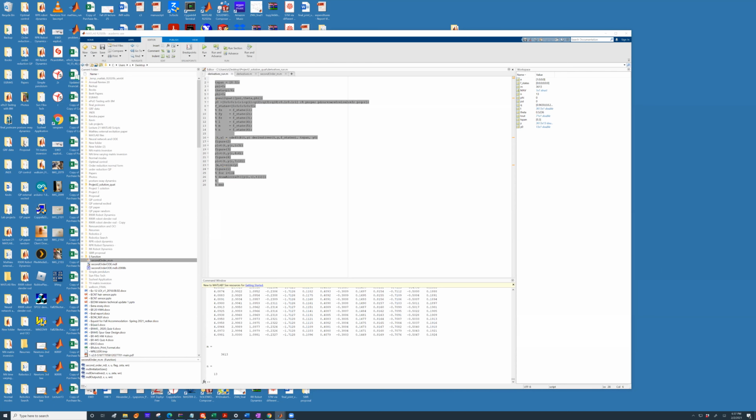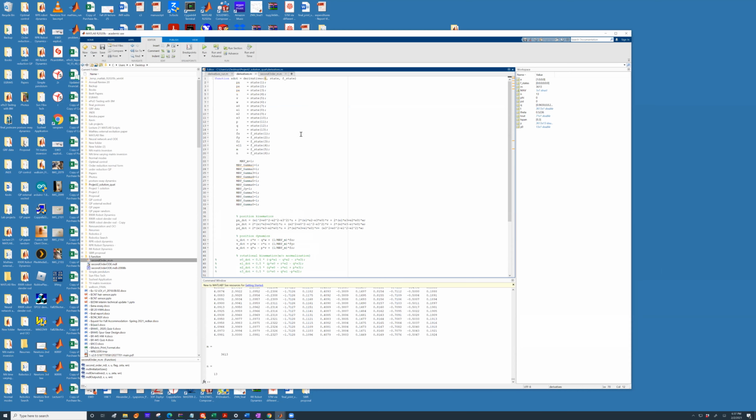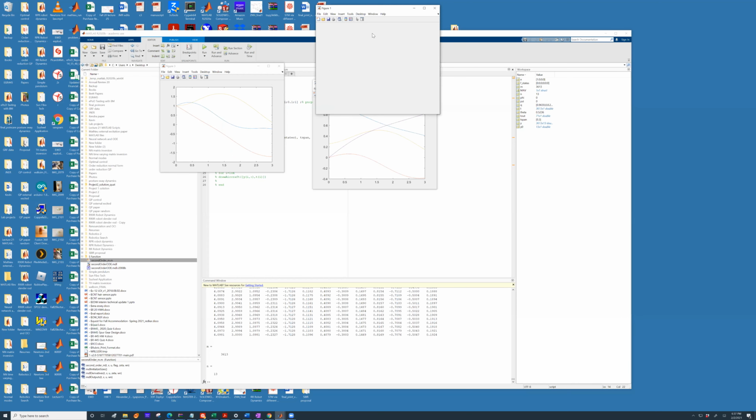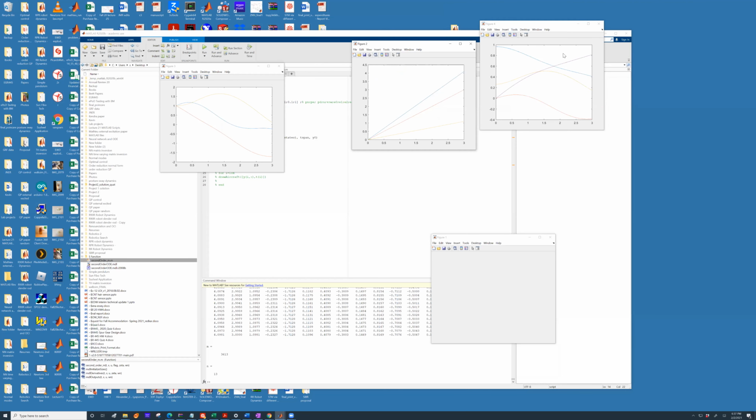Now I want you to save the derivatives underscore run function and the derivatives underscore m function in one folder, add that folder to your Matlab path, and then run derivatives underscore run. When I run derivatives underscore run, all of a sudden you will have these three plots.